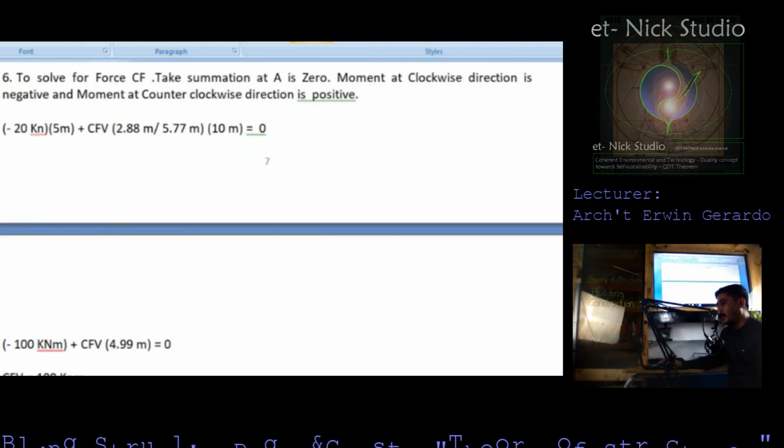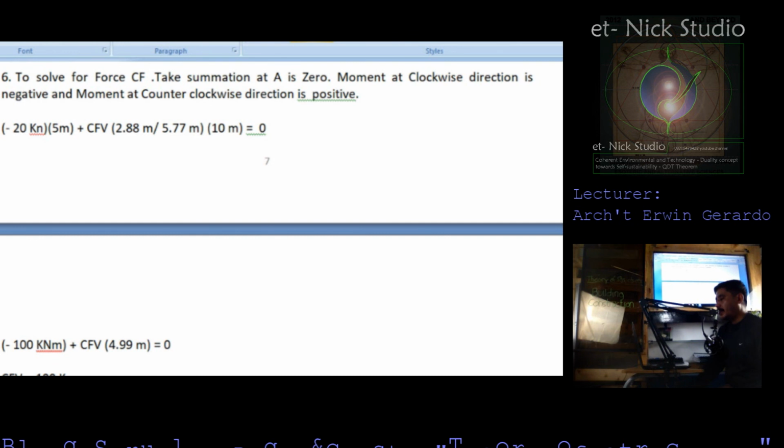So for number 6, to solve for the CF, take summation at A is 0. Moment at clockwise direction is negative, and moment at counterclockwise direction is positive. Negative 20 kilonewton times 5 meters plus CF is 2.88 divided by 5.77 meters times 10 meter equals 0.